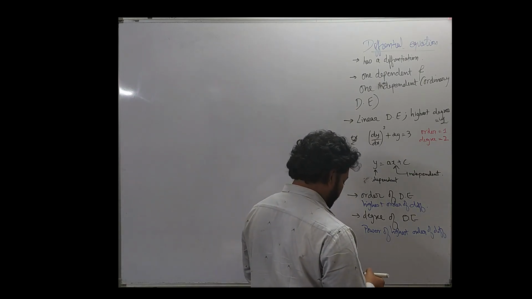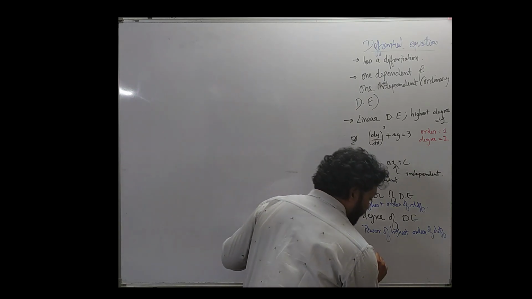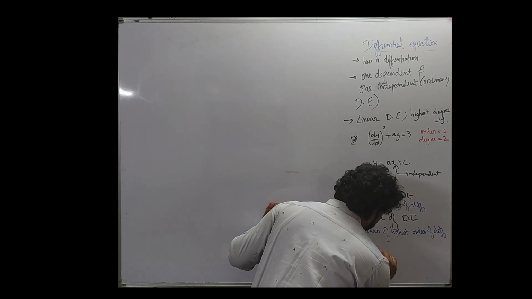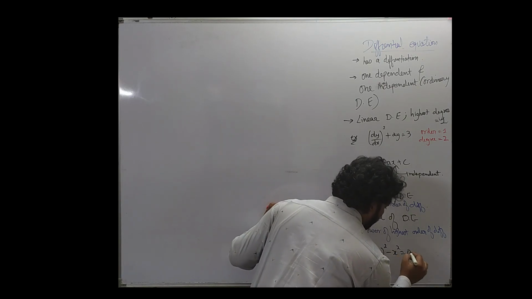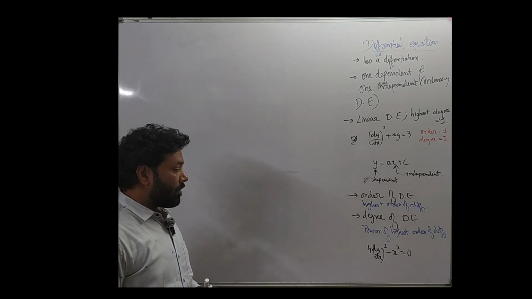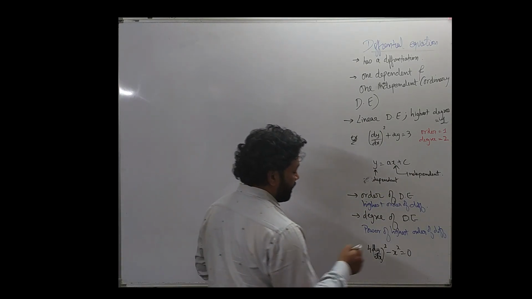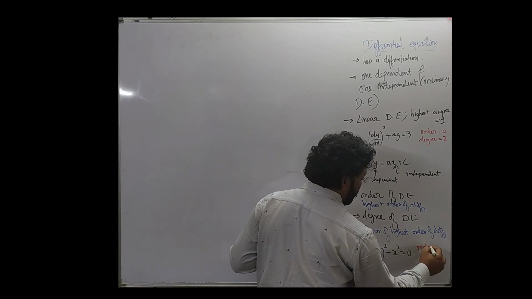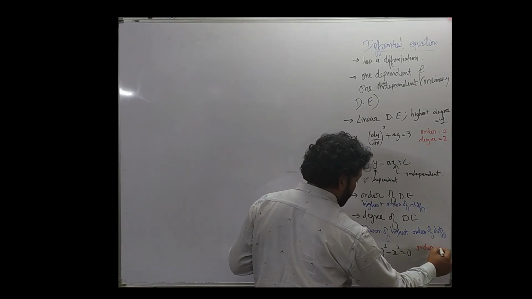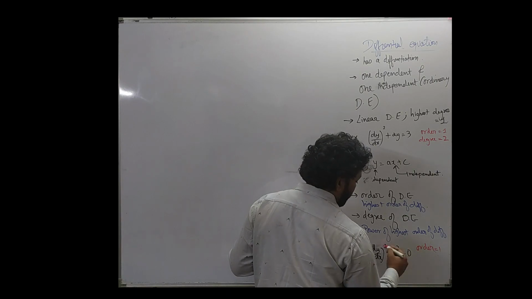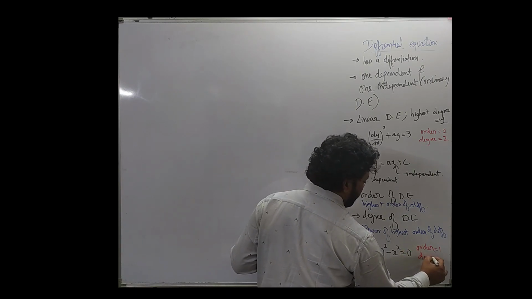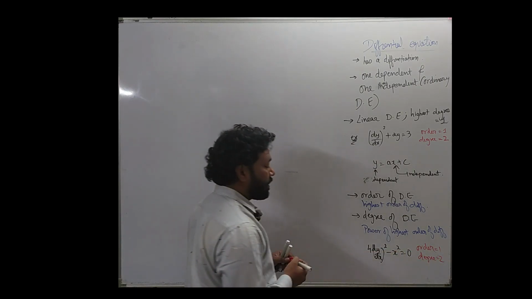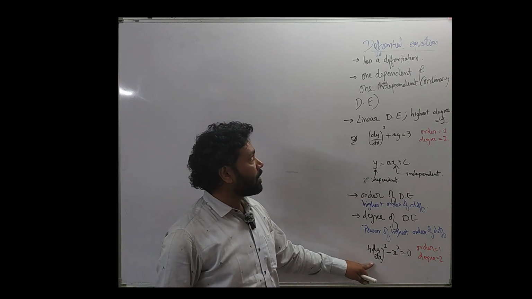Let's take a few more examples. Let's say I write down 4(dy/dx)^2 - x^2 = 0. Here also, the highest order of differentiation involved is 1 and the power is 2. So here also the degree of this differential equation is 2, and yes, it is a differential equation, right?